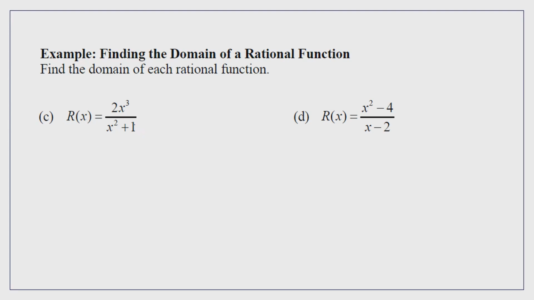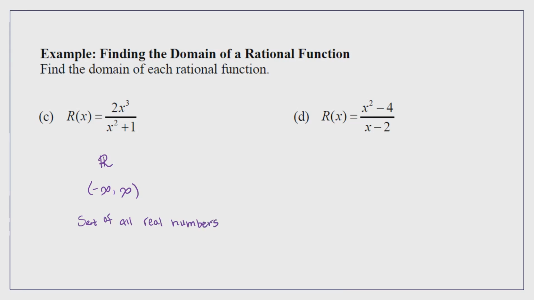The only thing here that could potentially make this negative is an imaginary number, but we want only the real numbers. So this is going to be the set of all real numbers. So we can give it the symbol for all real numbers, or we can say from negative infinity to infinity, or the set of all real numbers.